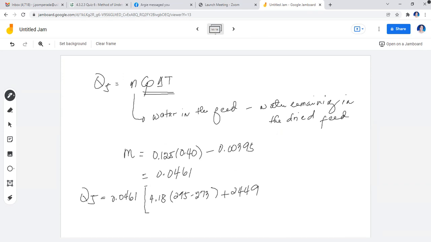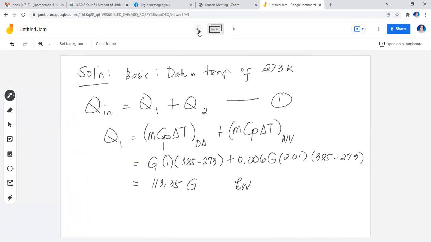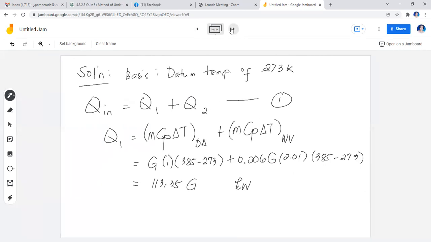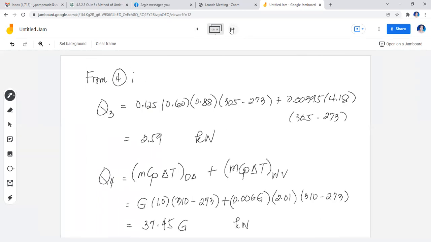However, it has already changed phase, but your water that is already vapor at this stage is at only 295. The air leaves the dryer at 310. So your water vapor, which goes with it, should be at this temperature as well, so you need to add another sensible heat here.